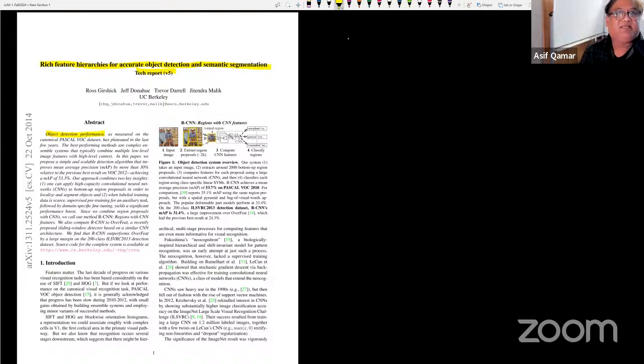The prior techniques had pretty much run out of gas. They weren't getting any better results. The best performing methods are complex ensemble systems that typically combine multiple low-level image features with high-level context.